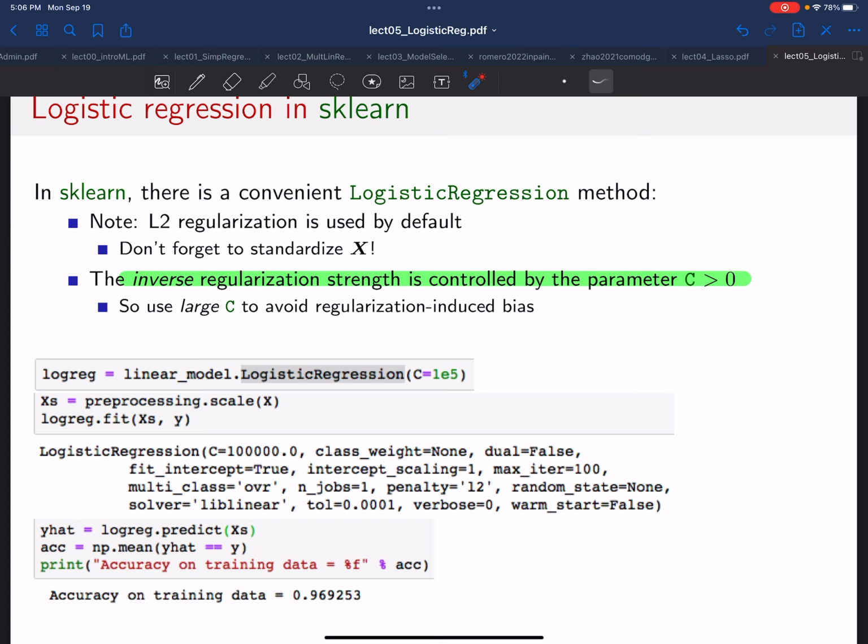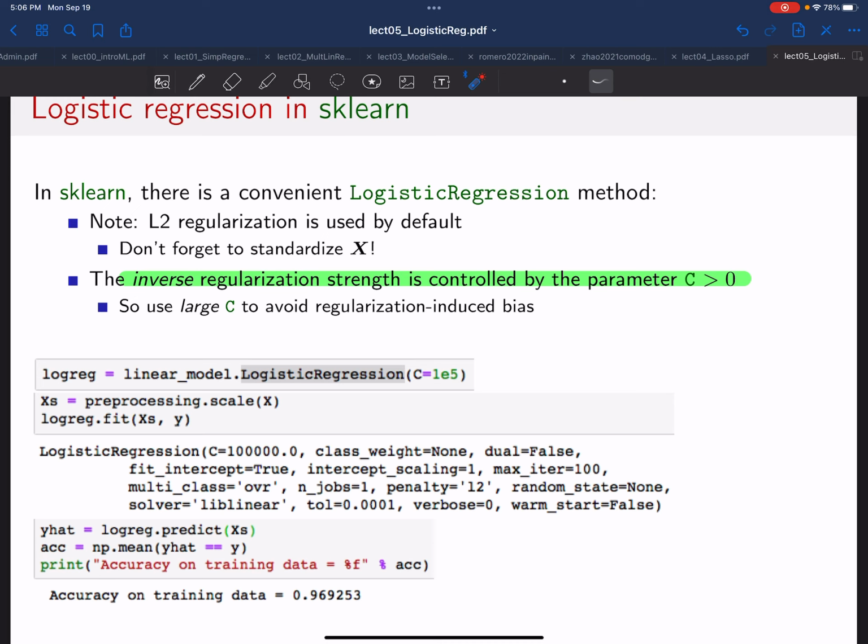When it's correct, you get a 1. When it's not correct, you get a 0. If you take the mean of that, that gives you the average accuracy. Here we got 96.9% accuracy for logistic regression with this choice of parameters, which is maybe not bad. Maybe you can do better.